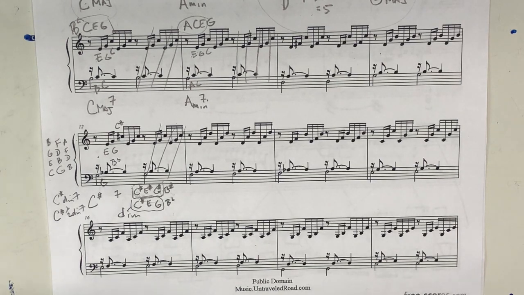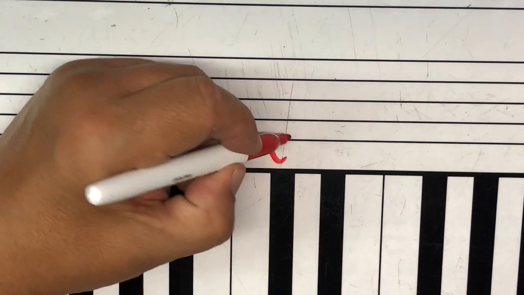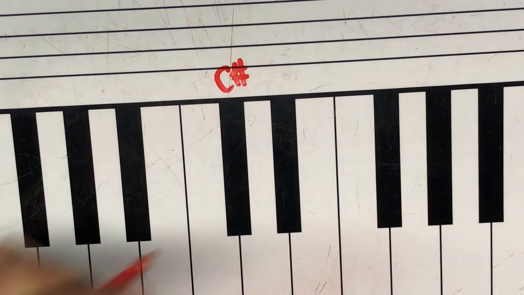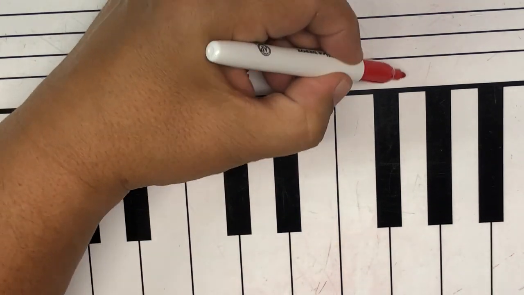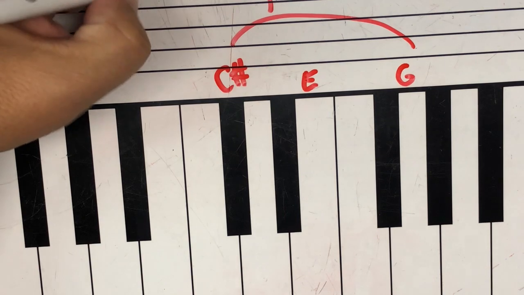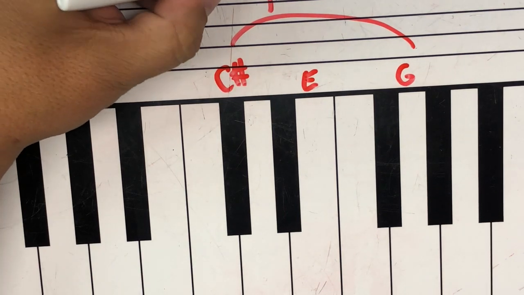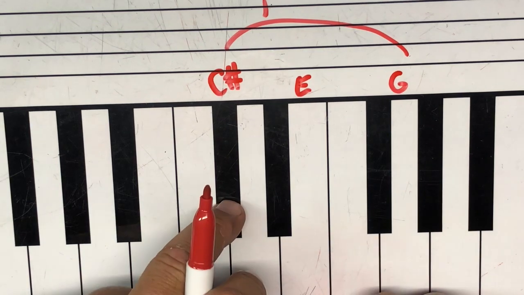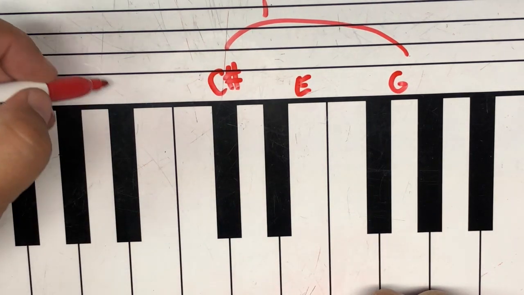So let's check this out for a minute here. I have myself a C sharp right there, okay? And I've got an E and a G, and this is a C sharp diminished triad, okay? But I want to see how far down it is to a B flat.